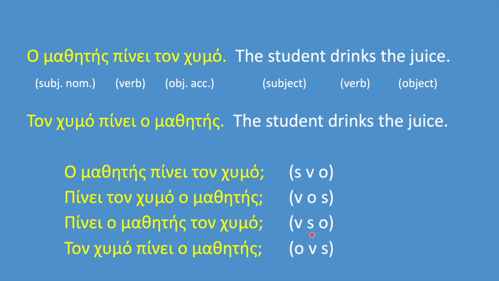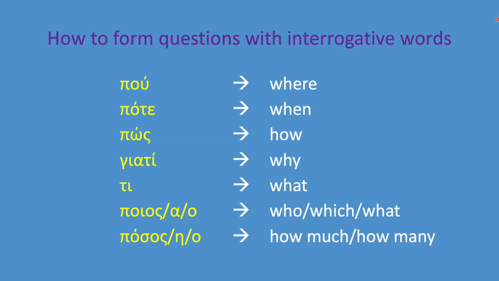Verb, subject, object. Τον χυμό πίνει ο μαθητής. Object, verb, subject. Depending on our tone of voice and which word we stress more, the emphasis can change, but the general meaning is the same.